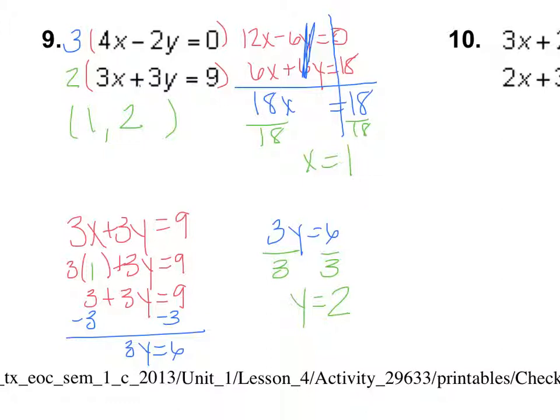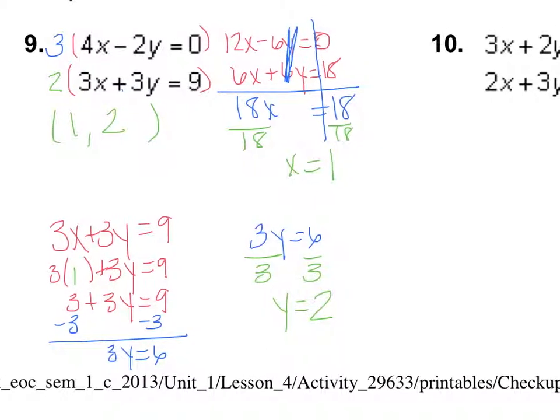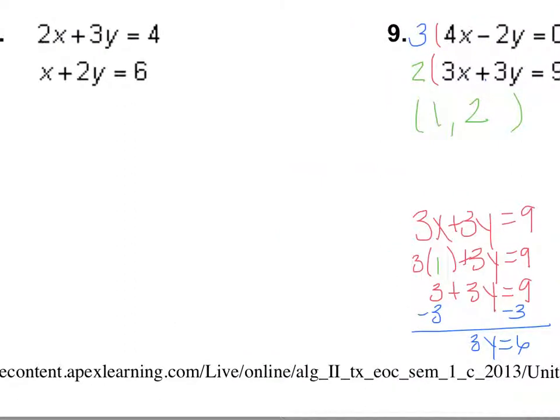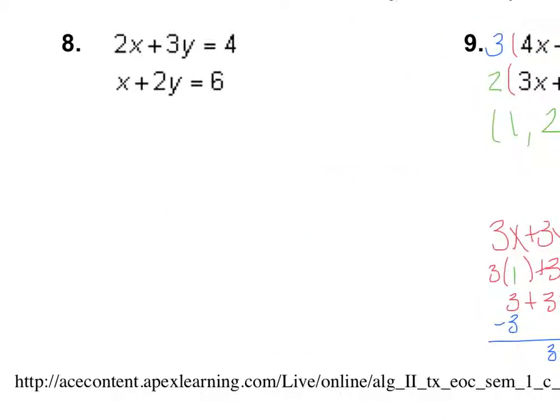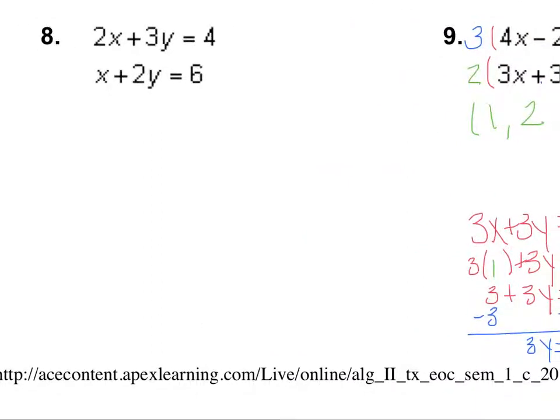Since that one was a little complicated, I'm going to solve problem number 8 as well. So for 8, I'm trying to figure out what letter I'm going to eliminate. It doesn't matter which letter you pick either way, especially in this one because one of my x's has a 2, the other one has a 1, and one of my y's is a 3, and the other one has a 2.